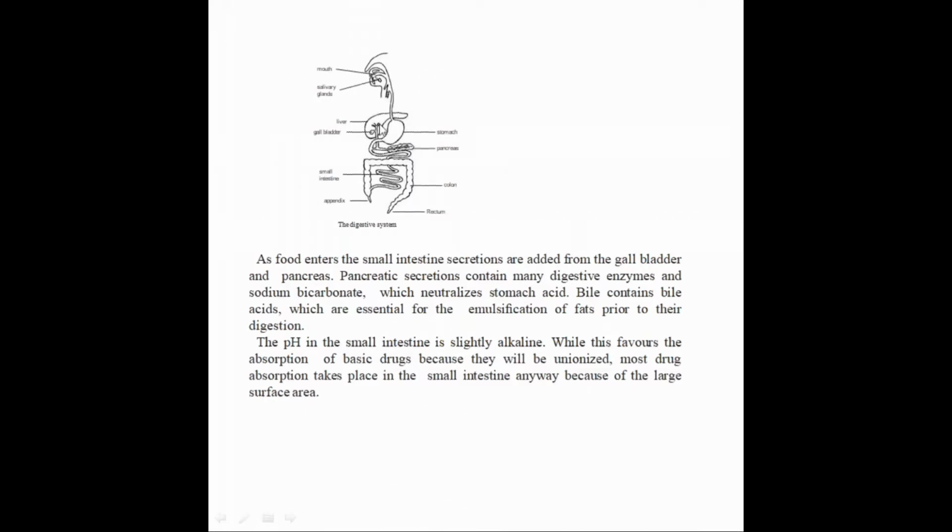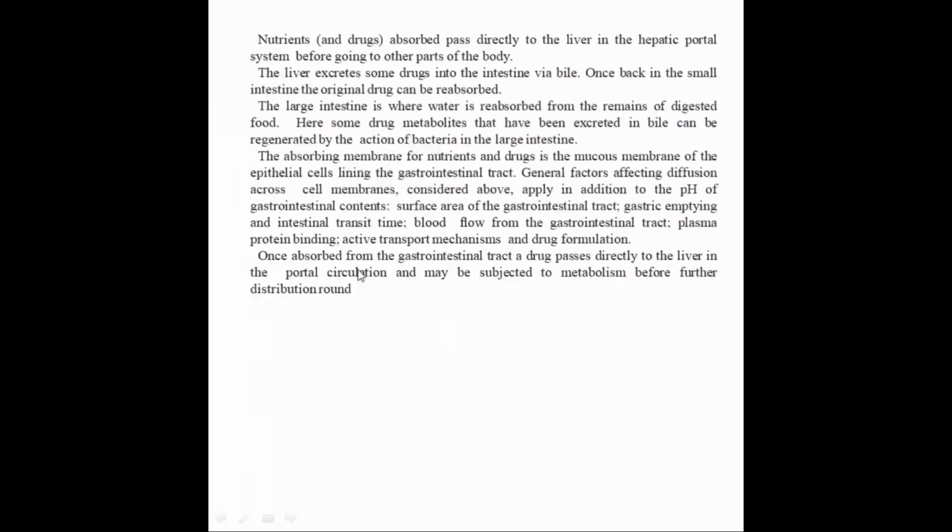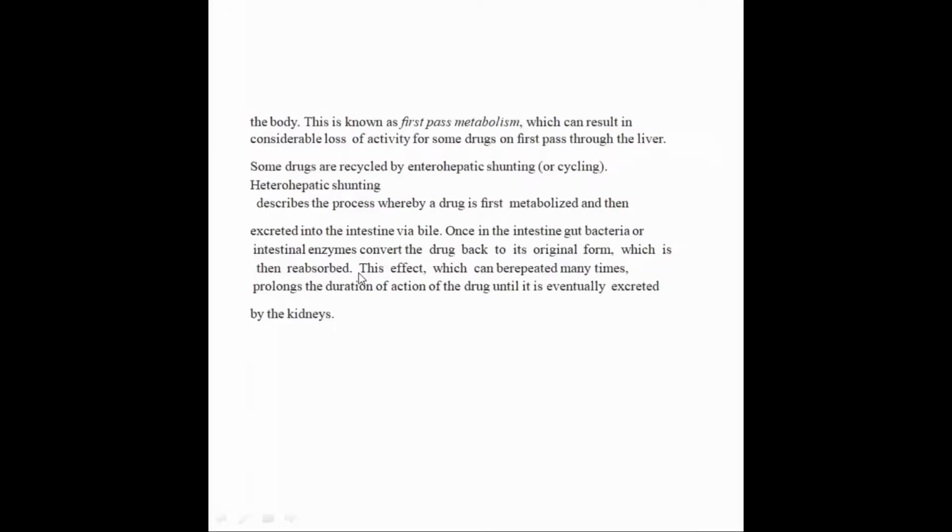From the liver, it enters the circulatory system and is transmitted through the body. Then the breakdown product passes through the colon and is excreted. Okay, so that's the way it works.